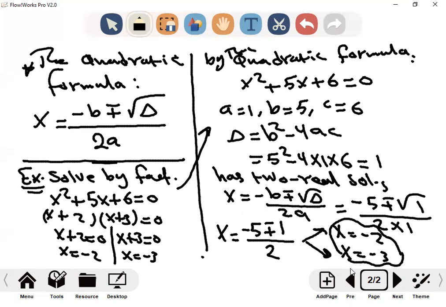Hands, please. Yes. What is 3? Negative 3. Here, Mister: negative 5 plus 1, and negative 5 minus 1. Once take it with plus, once with minus. Find the answers.